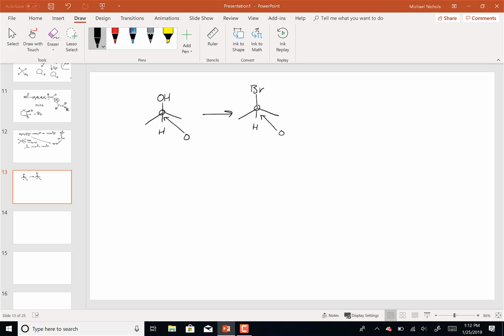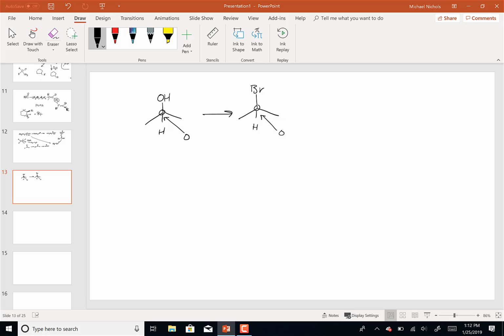Because honestly, I've not been completely technical. If I lost this OH and I replaced it with an H, then it would be an oxidation reduction reaction. What would be the better classification of this reaction? Kevin? Sort of. It's substitution, because I'm substituting an OH for a Br.